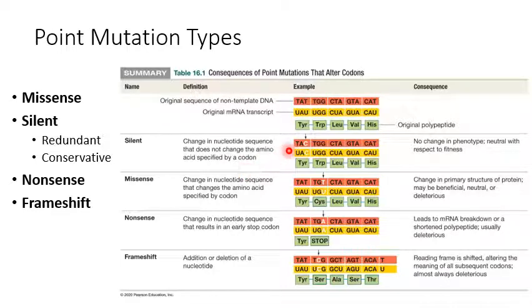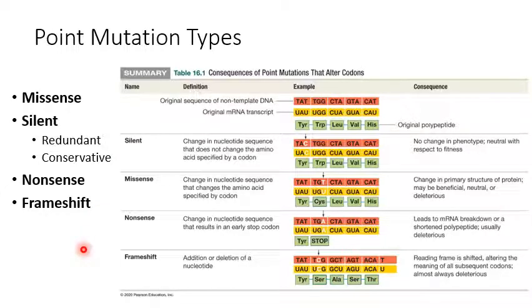Then after the silent mutation, the last T has changed to a C. So now you have TAC. That gives you a different codon in the mRNA, but actually both of those codons, the UAC after the silent mutation and the UAU that you started with, both of those code for the same amino acid, tyrosine. So you don't actually have a change in your protein. That's why it's called a silent mutation.